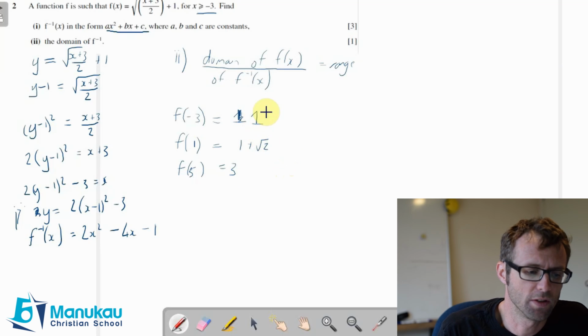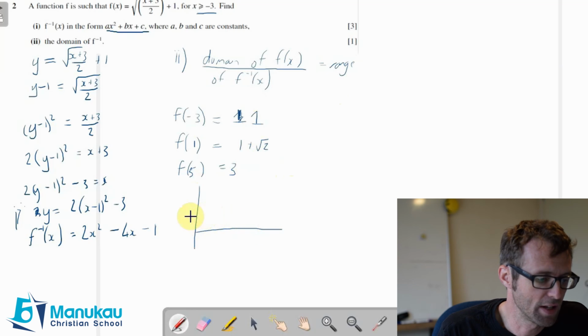So the low point in this graph, if we were to sketch it, is when we start at minus 3, where we're at 1, and it seems to me that the graph is going to look something like this.